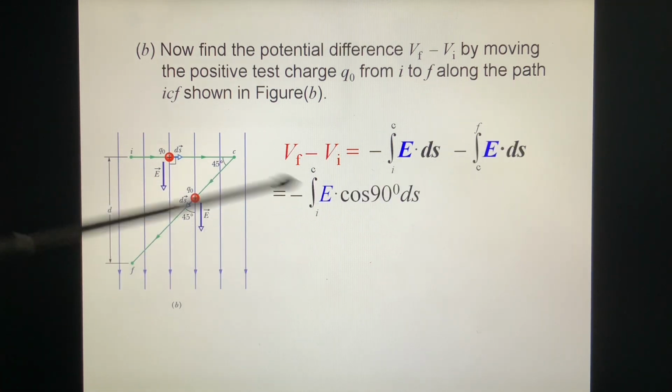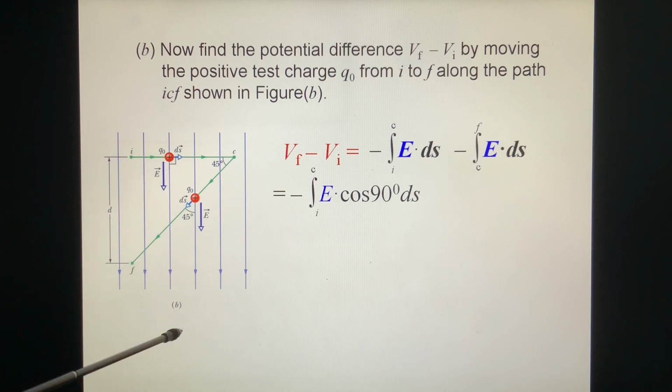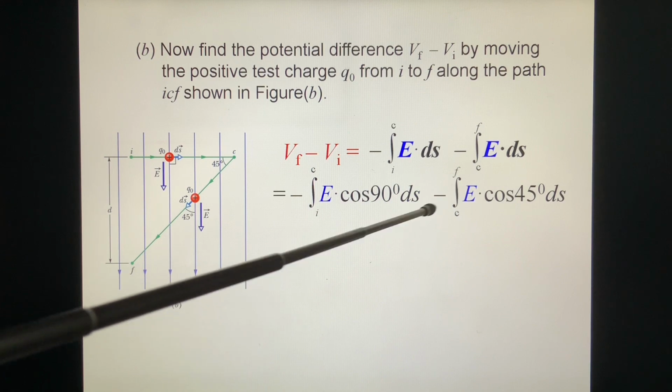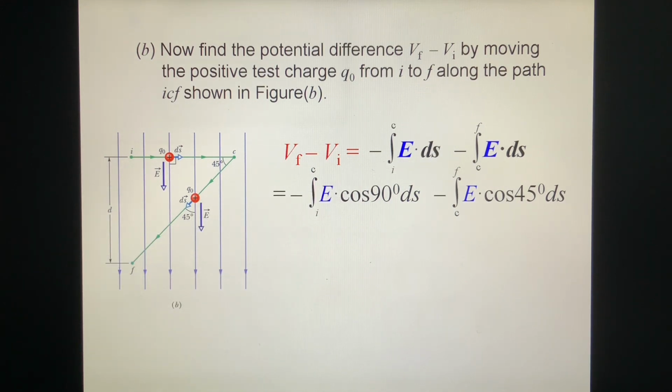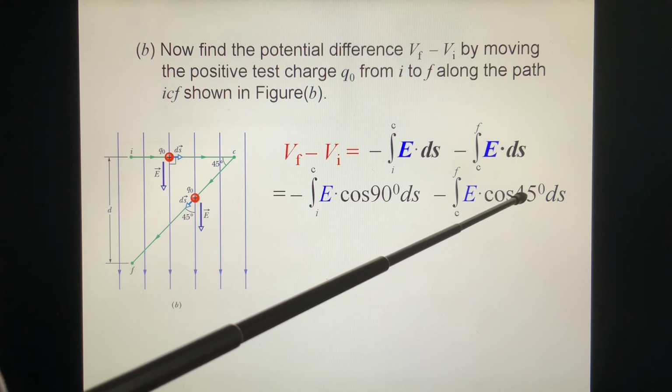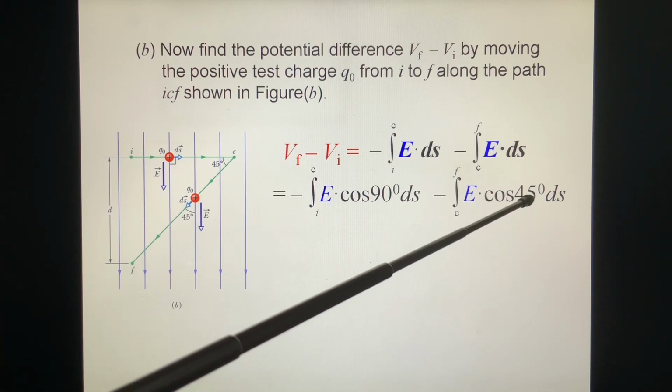The second one, E is in this direction, and ds, they have an angle of 45 degrees. So this one equals minus cosine 45 ds from C to F. E is constant everywhere. Cosine 45 is square root 2 over 2.